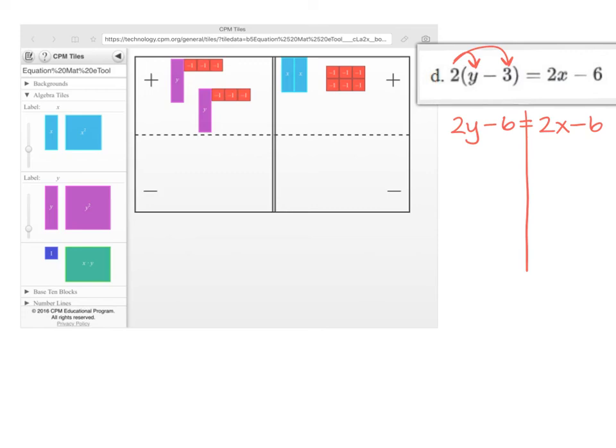So what I notice that I can do here is I can remove 6 negative tiles from the left, and I can remove 6 negative unit tiles from the right.